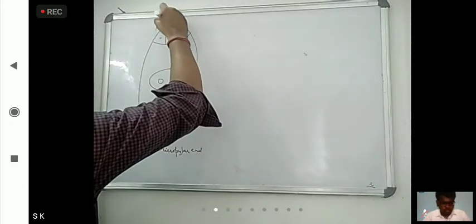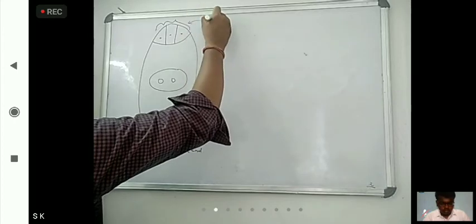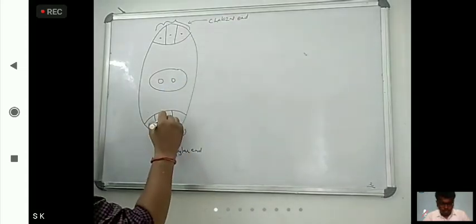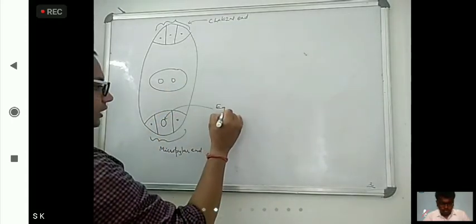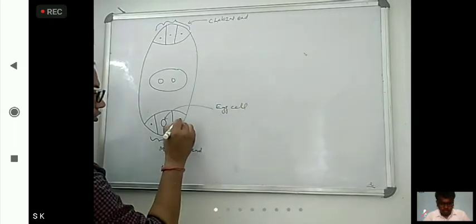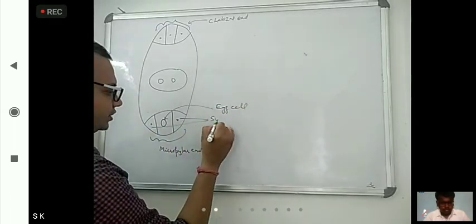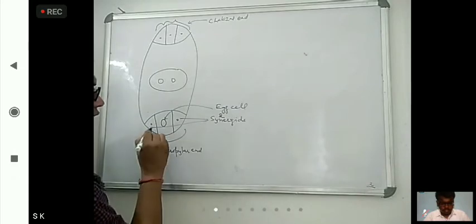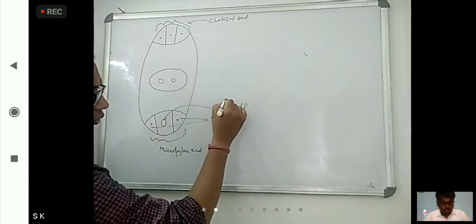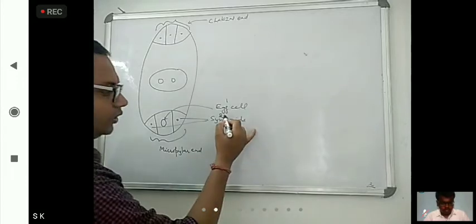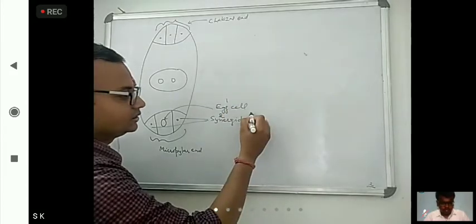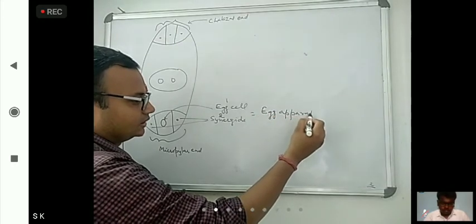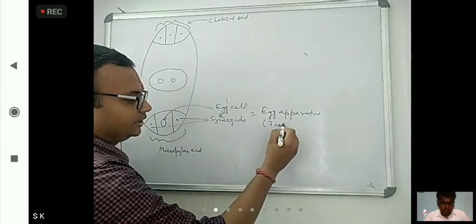This is the chalazal end. This is the egg cell. These two are synergids. So two synergids and one egg cell, 1 plus 2, make the egg apparatus. So it is the three-celled stage.